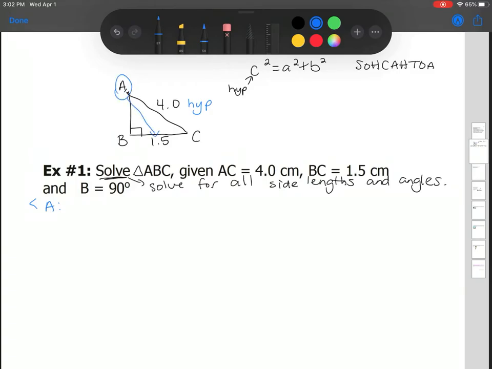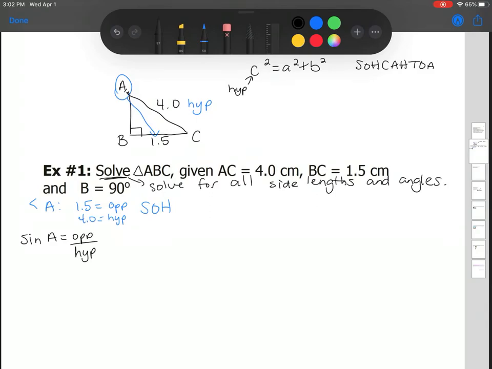That means that the 1.5 is going to be opposite. So now we've got opposite, we've got hypotenuse, so we're going to use SO. Sine is opposite over hypotenuse. You can put theta if you want, or you can put A. When we do angles, we use capitals.